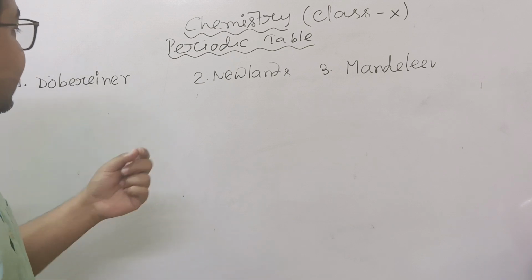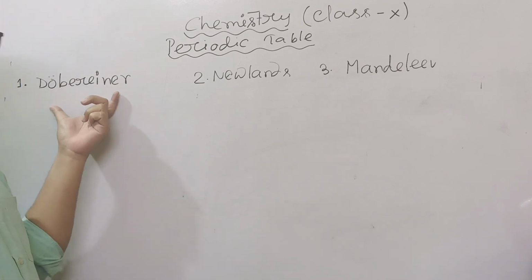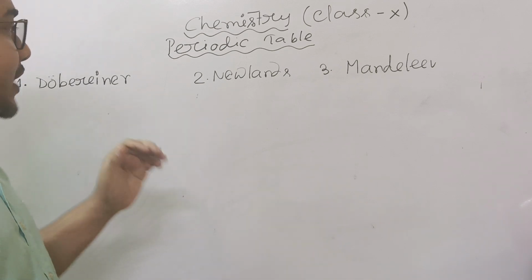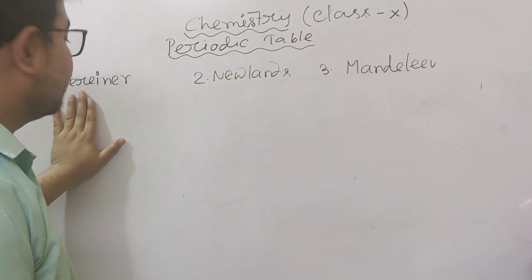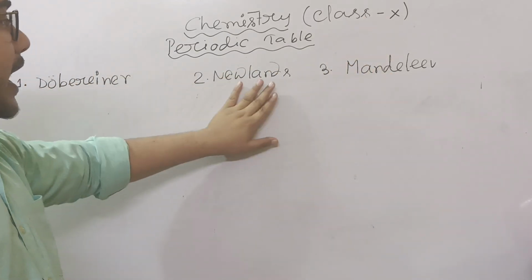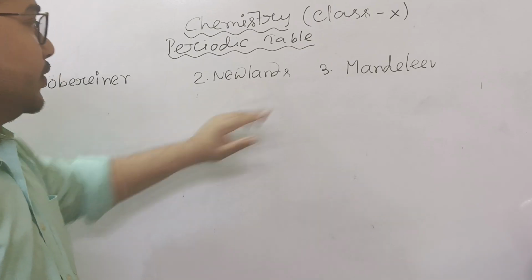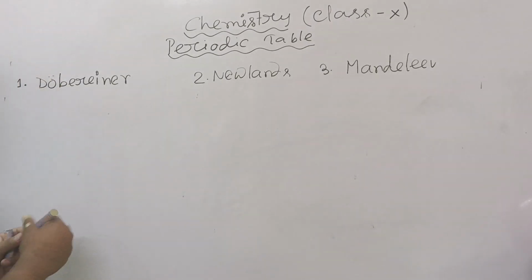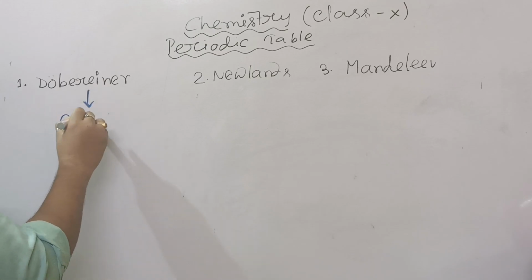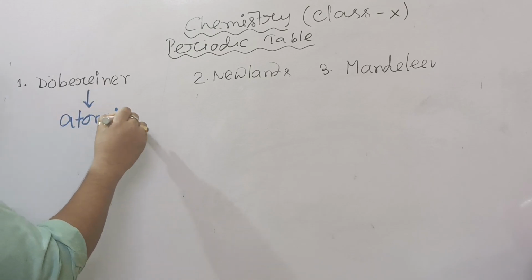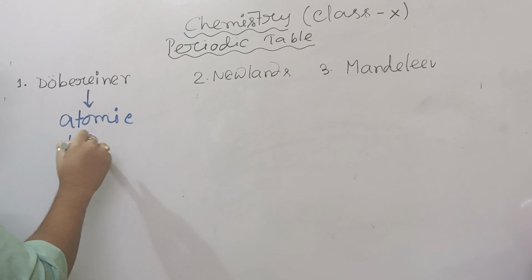Okay. This chapter started with the concept of Döbereiner's triad rule. Try to understand. First, we have to understand the concept of Döbereiner's triad rule and Newlands Octaves rule. Whenever we discuss Döbereiner's triad rule, we have to memorize a term, atomic weight.